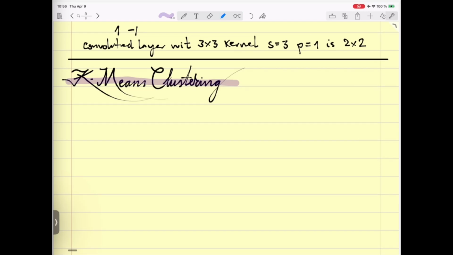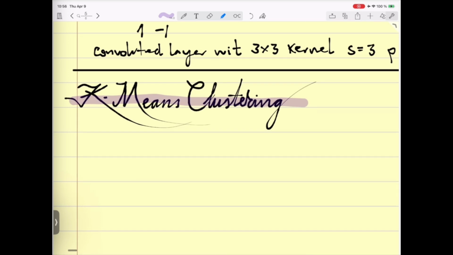Okay, it's a clustering algorithm. Clustering. Cluster means make groups.